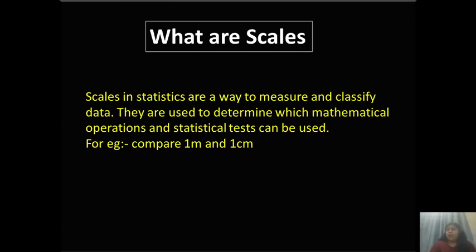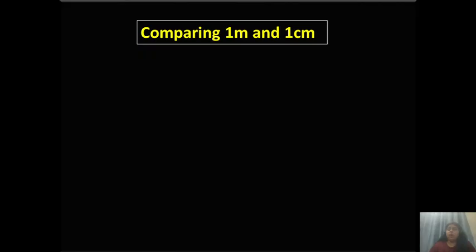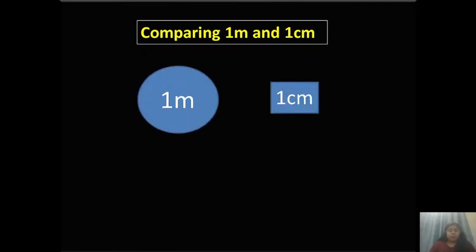What are scales? Well, scales are nothing but tools that are used to measure data. For example, when we were young, we used to draw lines of 10 centimeter, 15 centimeter using a scale. Now, for example, we have to compare 1 meter and 1 centimeter.